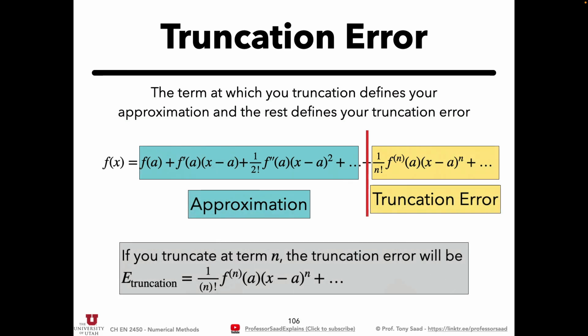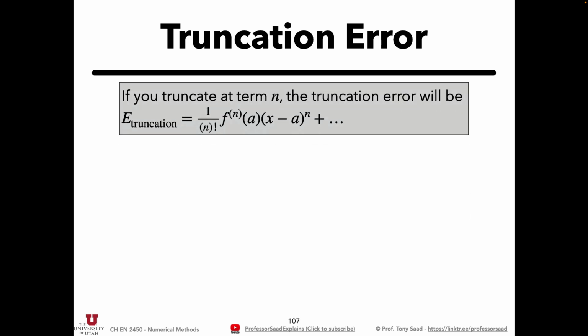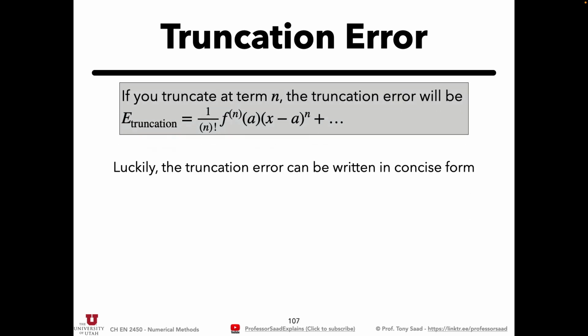And so if you truncate at term n, the truncation error will be in general for any function, 1 over n factorial, f to the nth derivative at a times x minus a to the power n, plus a bunch of other terms. Right? Now, it's still an infinite number of terms. Luckily, there's some math theorem that says this entire truncation error, which is a summation of an infinite number of terms, is bounded. What do we mean bounded?